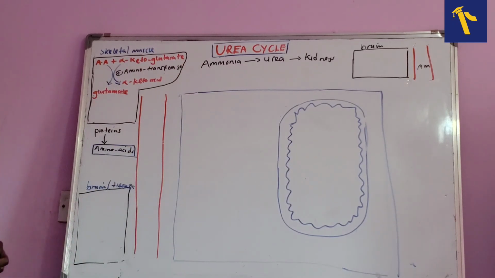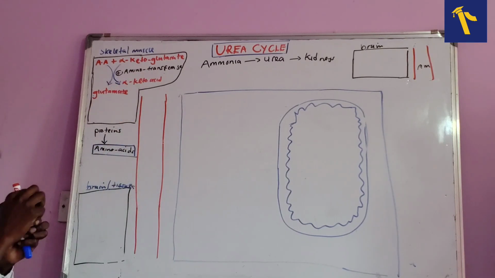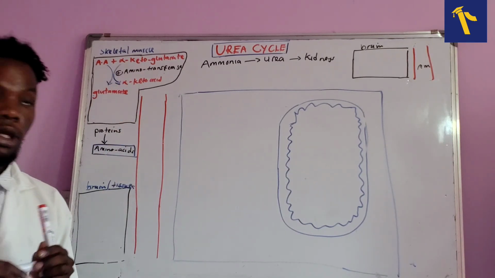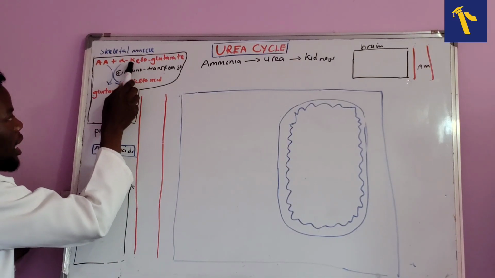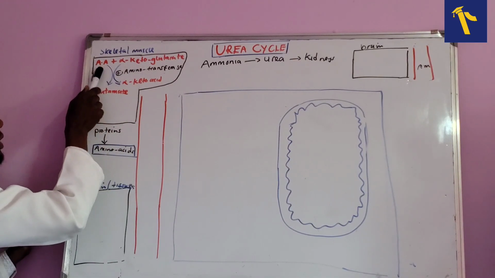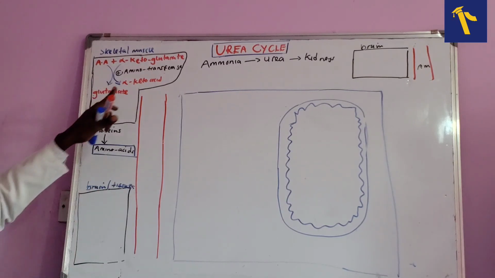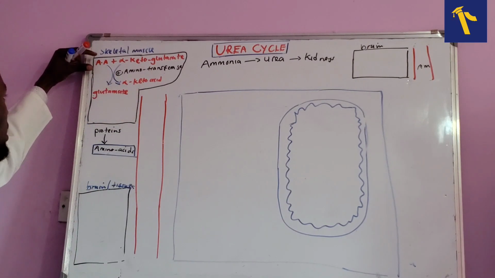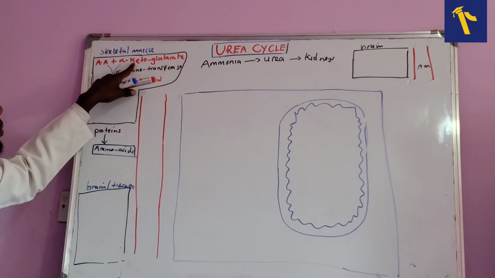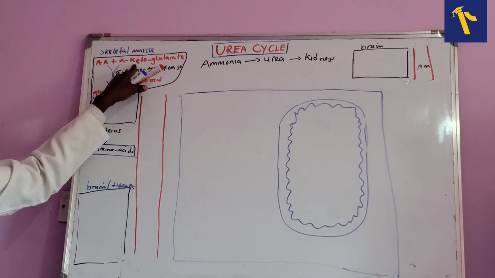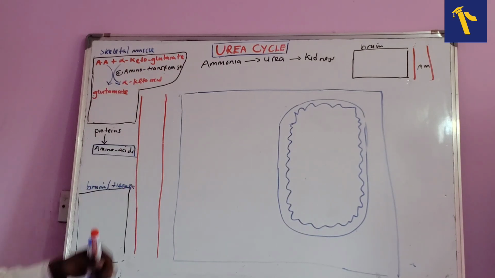Now let us understand why it is called aminotransferase. Because as you can see, amino is the amino group that is coming from this amino acid. So basically what is happening here is we're getting an amino group from this amino acid and transferring it to the alpha ketoglutarate so that it can become glutamate and the alpha keto acid.